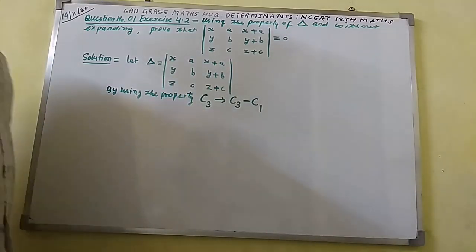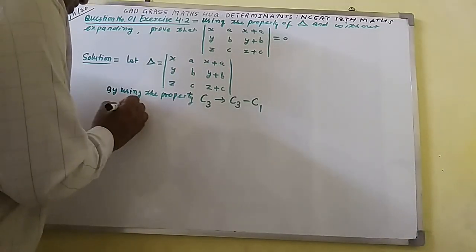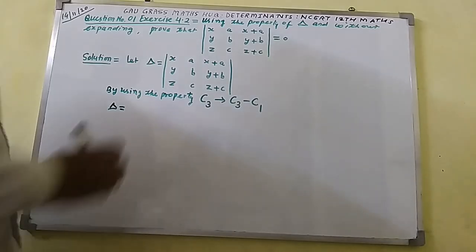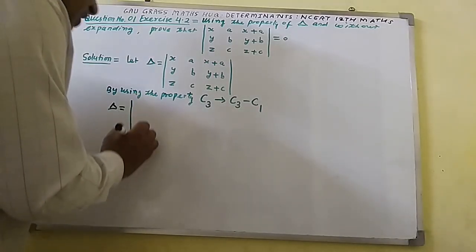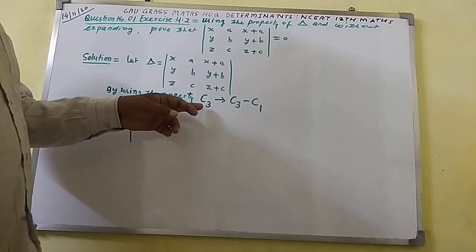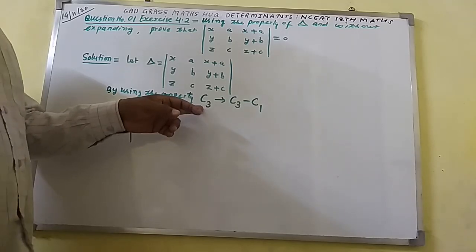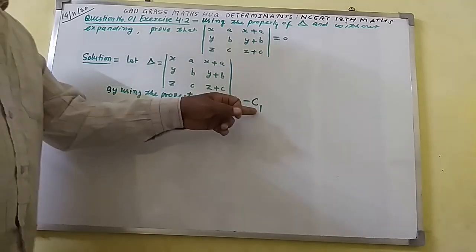Let us see what the result will be. This determinant will become like this, opening the vertical lines. Only changes will occur in C3, because C3 goes to C3 minus C1.